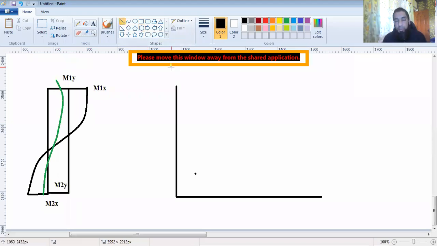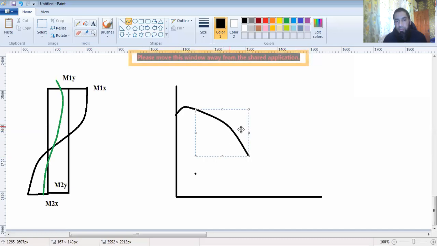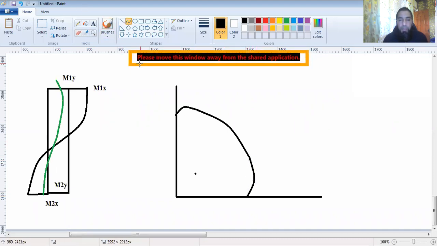So you have moments in two different directions. In that case, it becomes like a sphere.